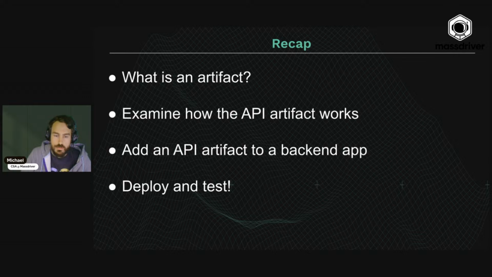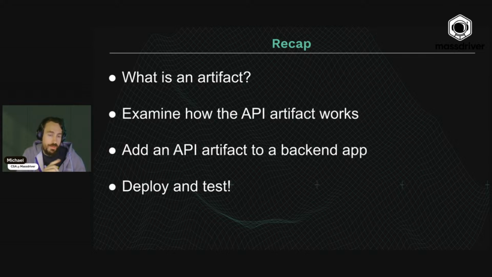Okay, so to recap what we just went through, we talked about the concept of artifacts. So what they are, a high-level overview of how they work with artifact definitions. We then dove a bit deeper into artifact definitions, mainly the API definition, and this is what we wanted to use for application.